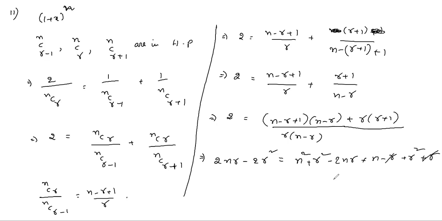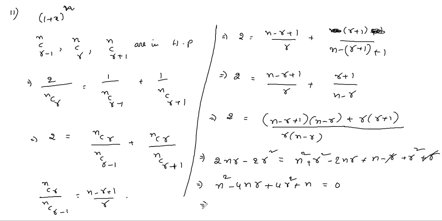Minus r and plus r will cancel. So this implies n square minus 4nr plus 4r square plus n equal to 0.